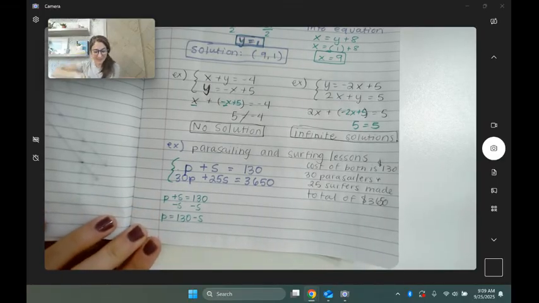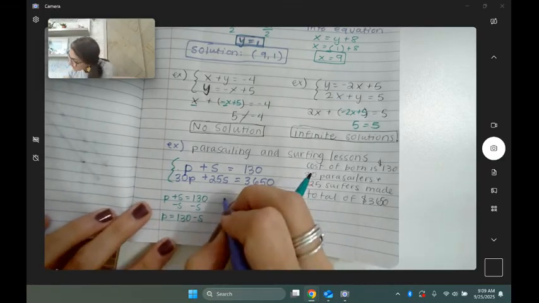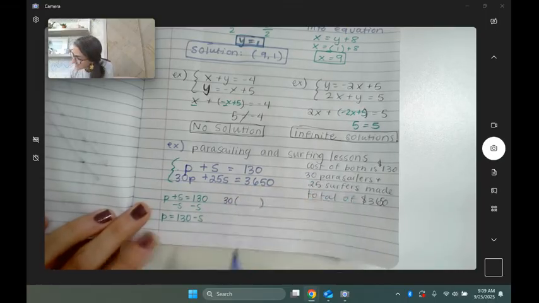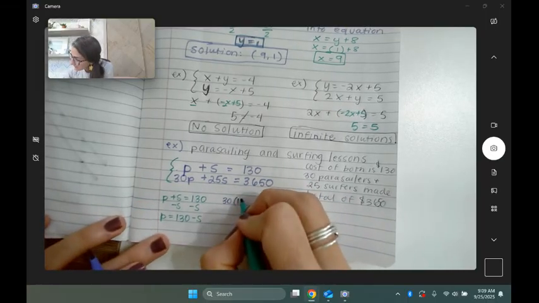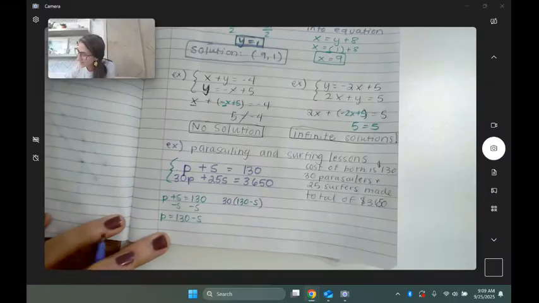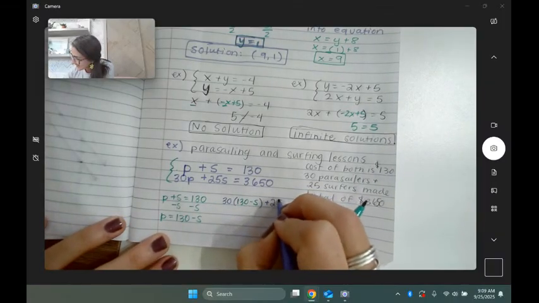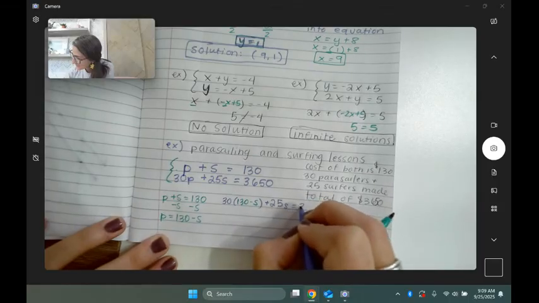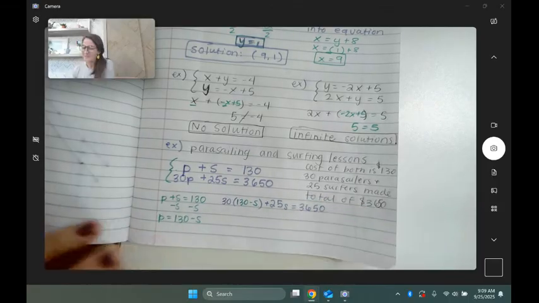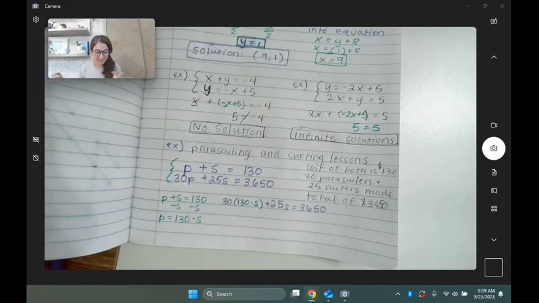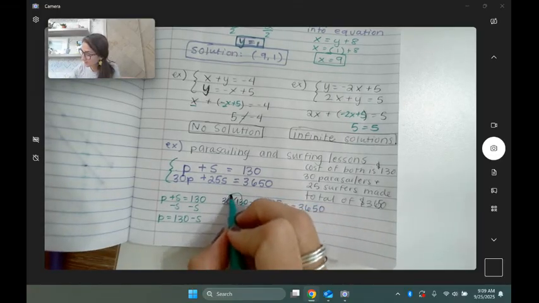Now let's plug that into the other equation. So I've got 30 instead of P, I'm going to write 130 minus S. Oh, 5s and S's look a lot alike. 25S equals 3650. Okay, let's simplify this. So I'm going to distribute the 30.